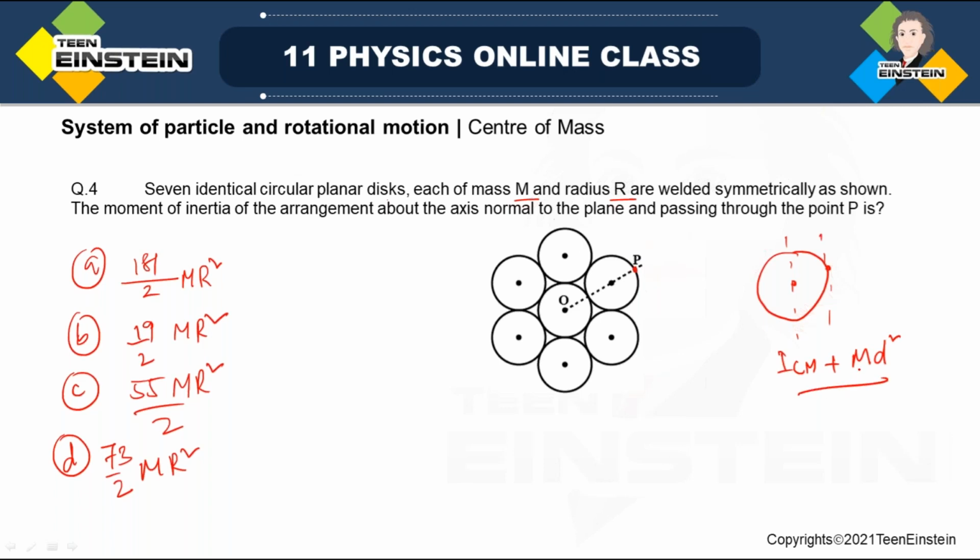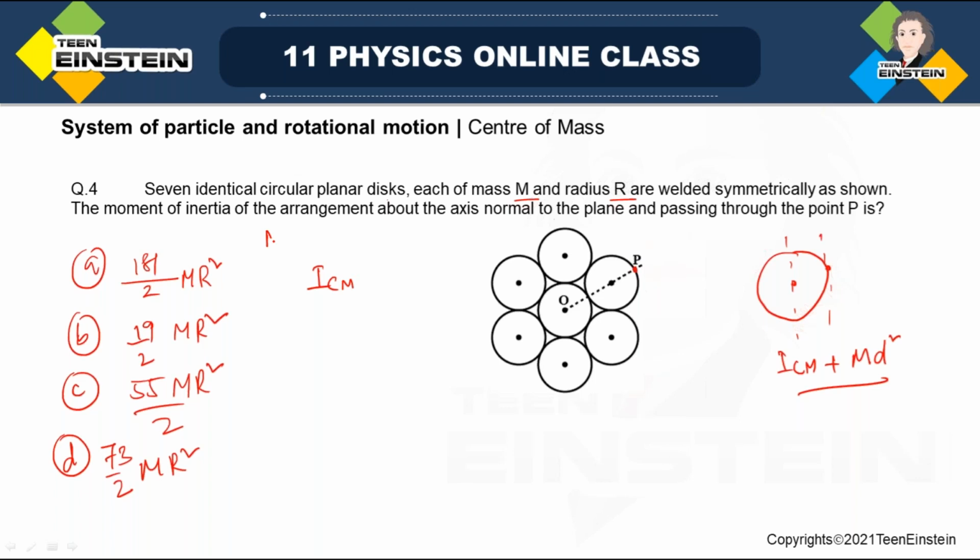So in this case also we'll do a similar thing. Look here, first of all, let me get the moment of inertia of this whole arrangement about their center of mass.